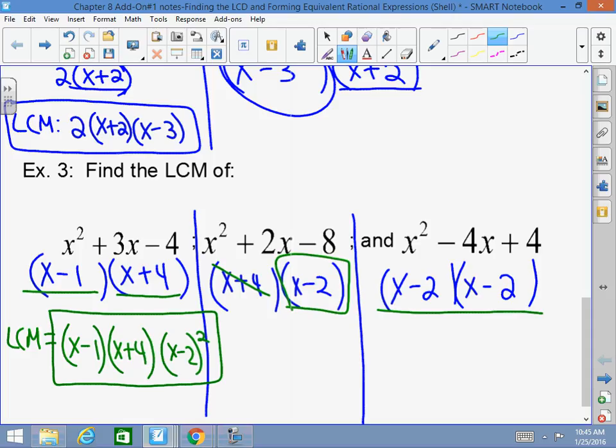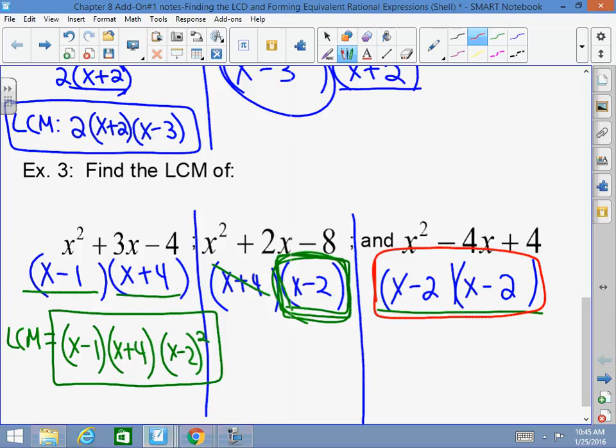Yes, sir. Thank you for asking. He said, I don't understand why he did the x minus 2 squared. Okay. I know that I have an x minus 2 factor that I have to use as one of the multiples, right? But don't I have two x minus 2s here? So that means that I need two x minus 2s.